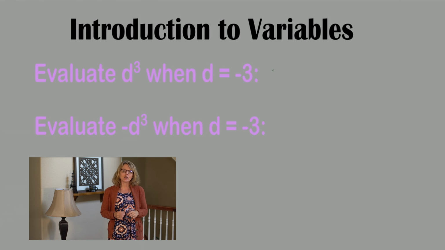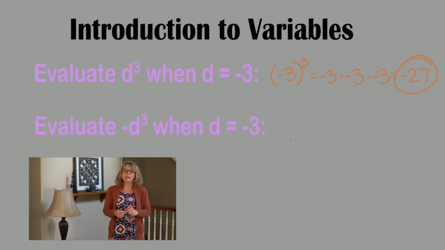First one, I cubed d, which equals -3, so I'll put that here in parentheses because -3 gets cubed, not just 3. -3 times -3 times -3. -3 times -3 equals positive 9. 9 times -3 equals -27.